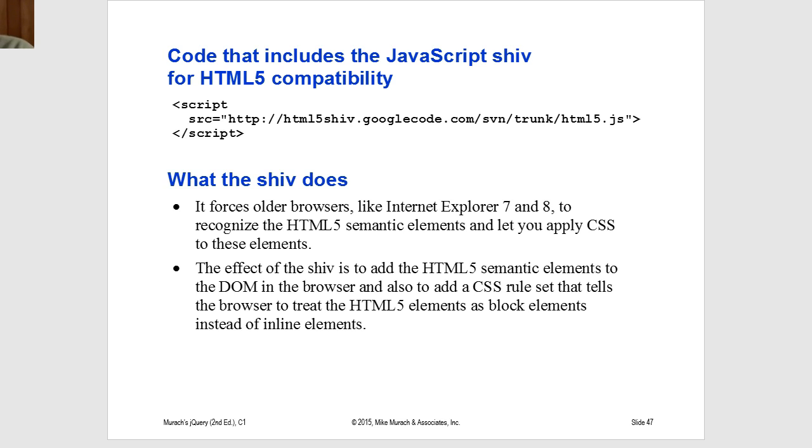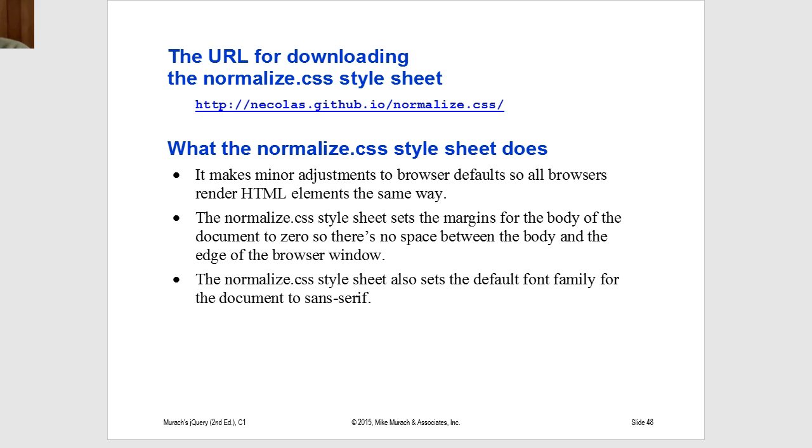By adding the JavaScript shiv code, which the easiest way to do is this link that's right here, by adding that up top in your header, it forces old browsers to understand and recognize the new tags. It basically interprets the new tags into old tag speak, so those browsers will work.